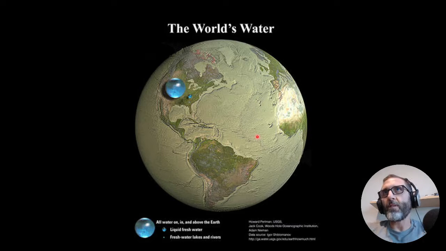So first things first, I want to talk about the amount of water in, on, and around the world. You can see by this depiction here, we have the Earth in the heliocentric model, the spherical Earth, and this represents all the water. Here we have these little droplets that represent liquid freshwater and freshwater lakes and rivers, but combine all three together and you have all the water in the world.